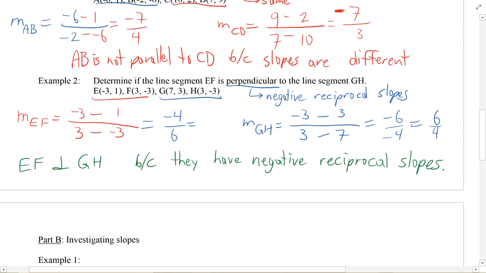Okay, so EF is perpendicular to GH because they have negative reciprocal slopes. Any questions?